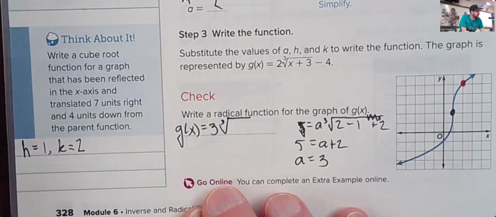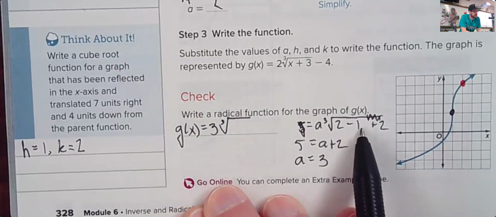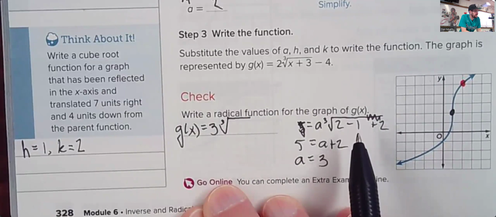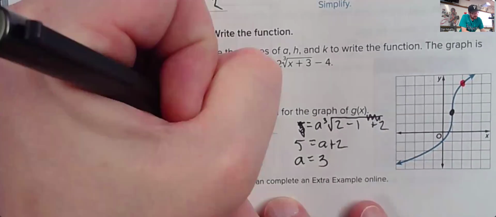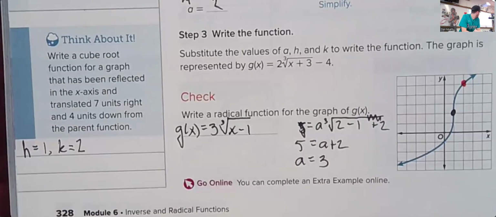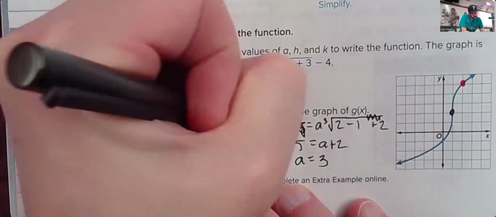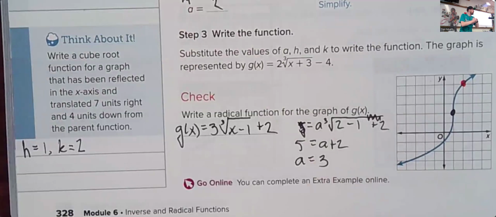What goes under the radical? X. X minus 1. What minus 1? And what goes after? Plus 2. Cool. Just to verify, we got a few minutes left here.